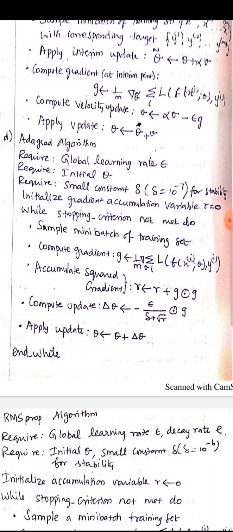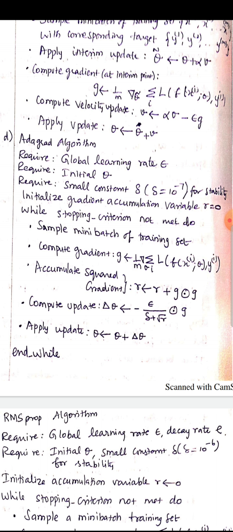The change over your parameter set theta is called delta theta, and this delta theta is computed with the help of your global learning rate eta as well as your small constant delta. What was the value we chose for the small constant delta? It is 10 power minus 7, right?